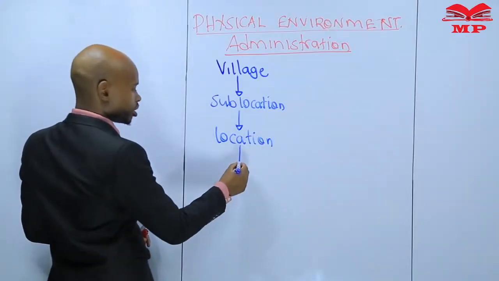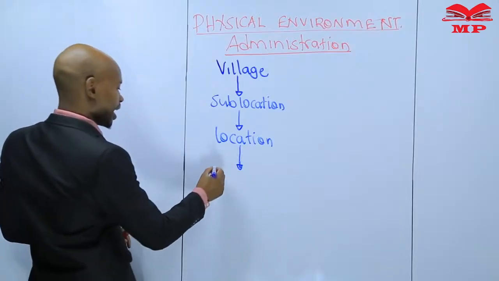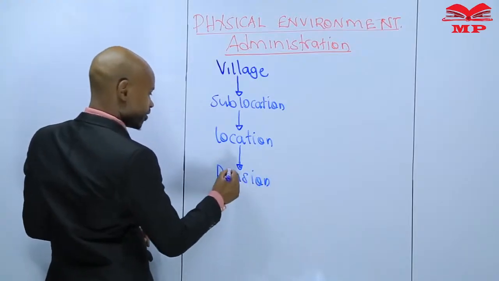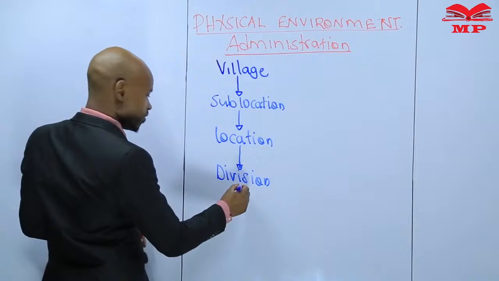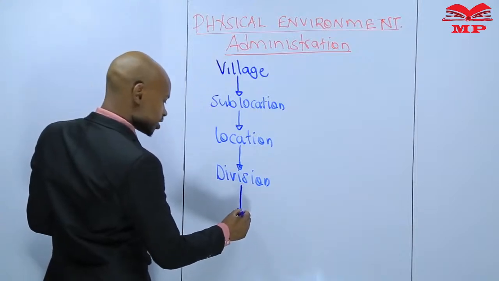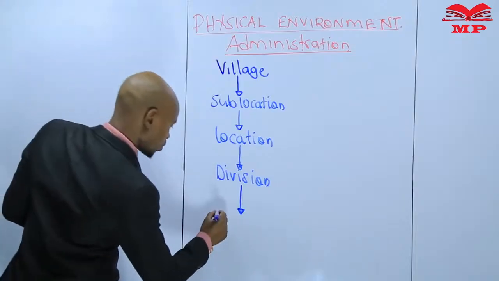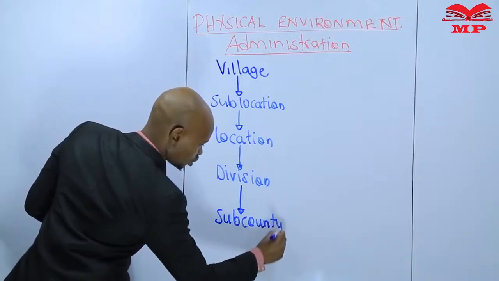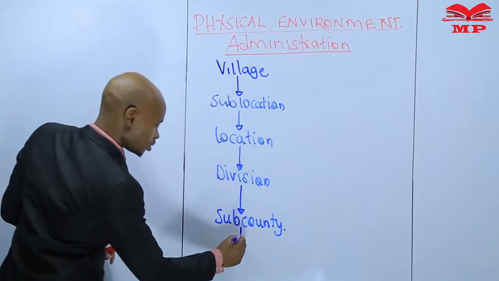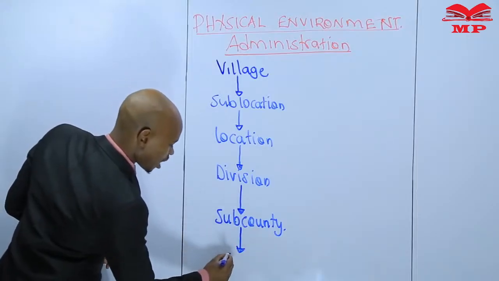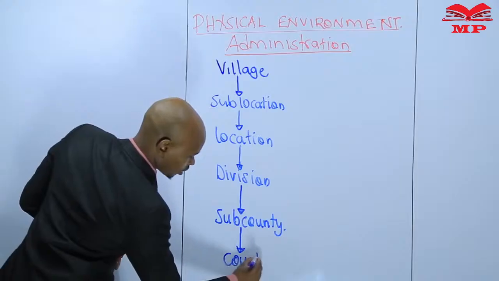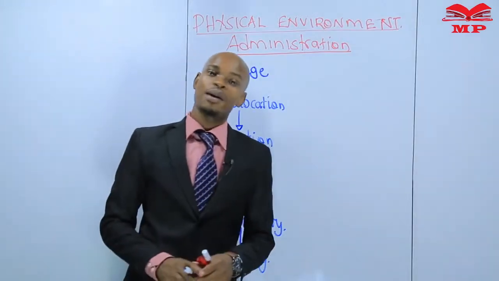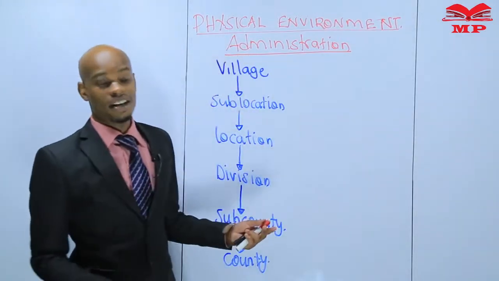Many locations make a division. Many divisions used to make a district, but right now they make what we call a sub-county. And many sub-counties, of course, will make a county. And in case you'd want to add another one, many counties make a country.